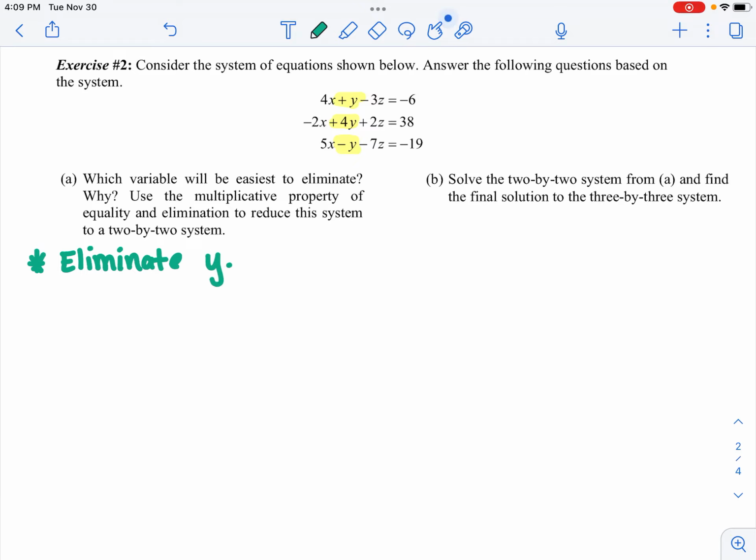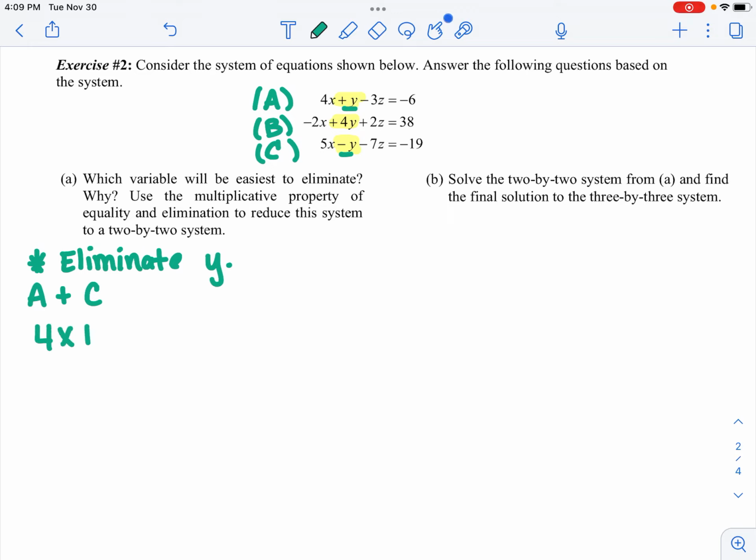So just like earlier, let's call these A, B, and C. So what I'm going to do first is I'm going to add together A and C, because I can see right there, those are already additive inverses.